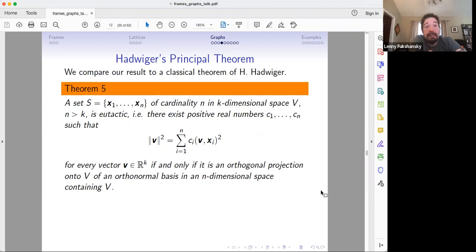Then this set is eutactic, remember the eutaxy coefficients are not necessarily the same, if and only if it is an orthogonal projection of an orthonormal basis in n-dimensional space onto V. So in other words, eutactic configurations always come as orthogonal projections of orthogonal bases from higher dimensional spaces. Okay.